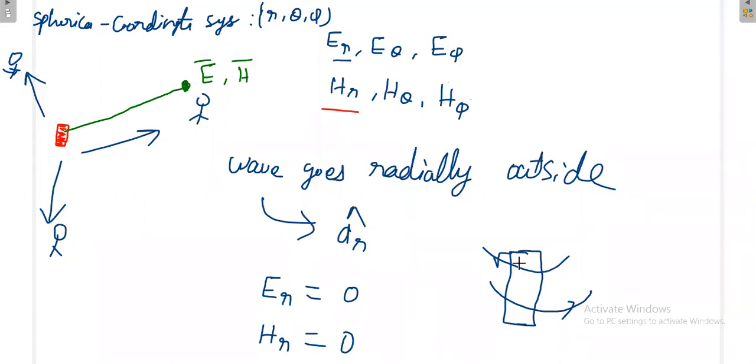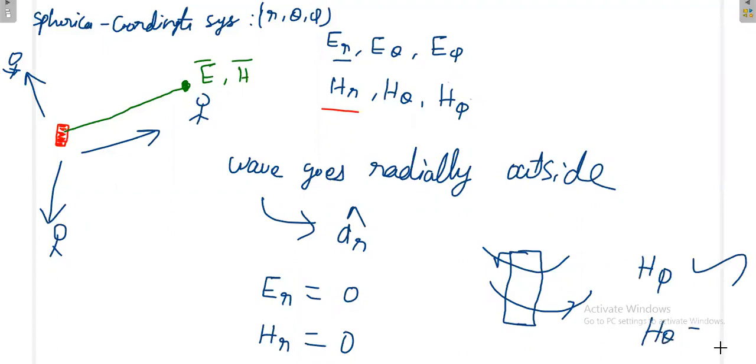Whenever you have a current, let it be AC or DC, the magnetic field always depends on phi, because the magnetic field has a rotational nature. It is independent of theta. So H_phi may be there, and H_theta is 0.